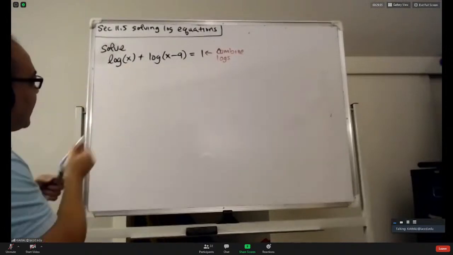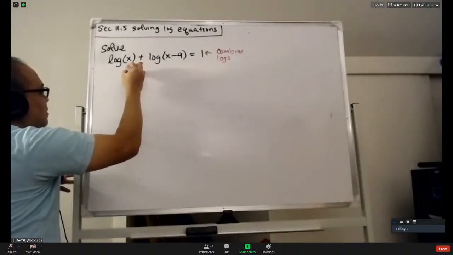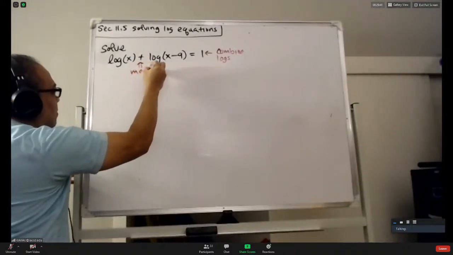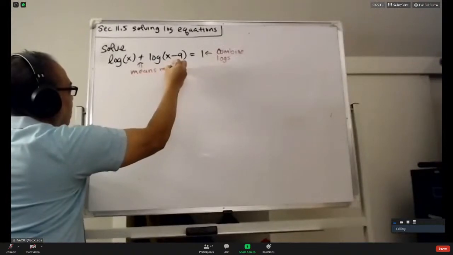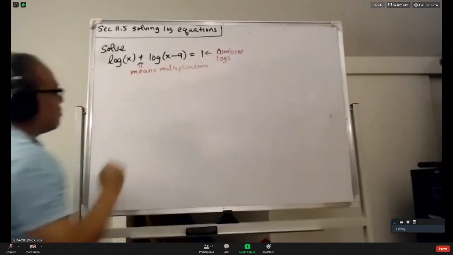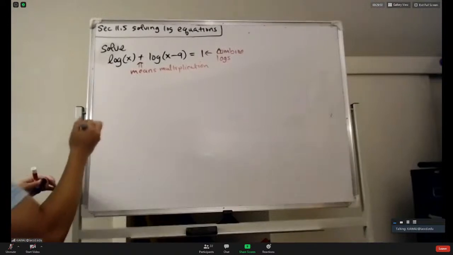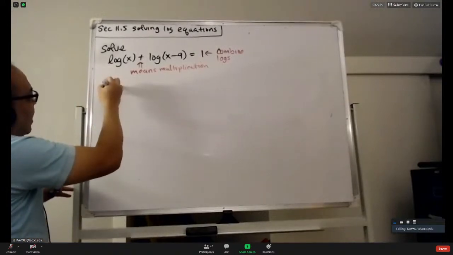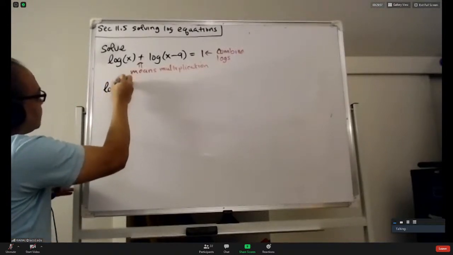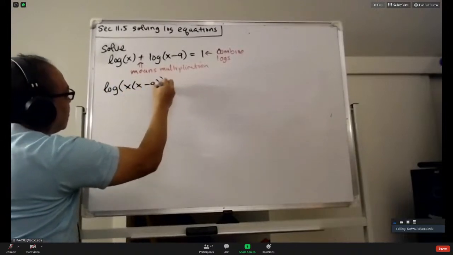So remember that addition means multiplication. Subtraction means division. So what happens here is that we have log of x times (x minus 9).